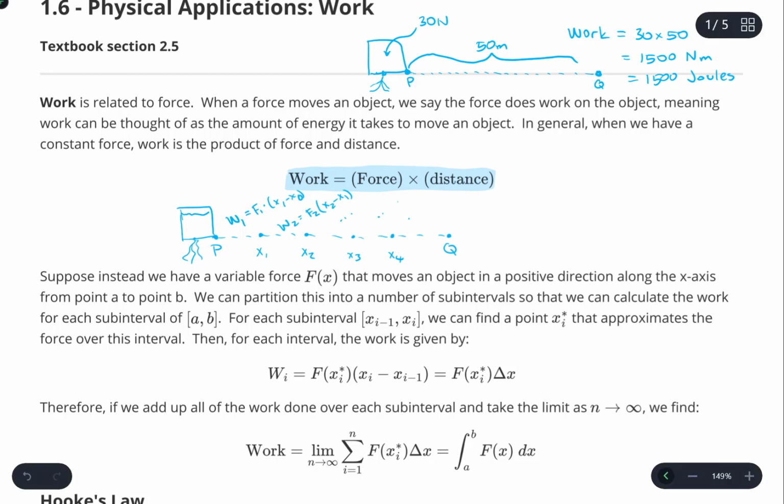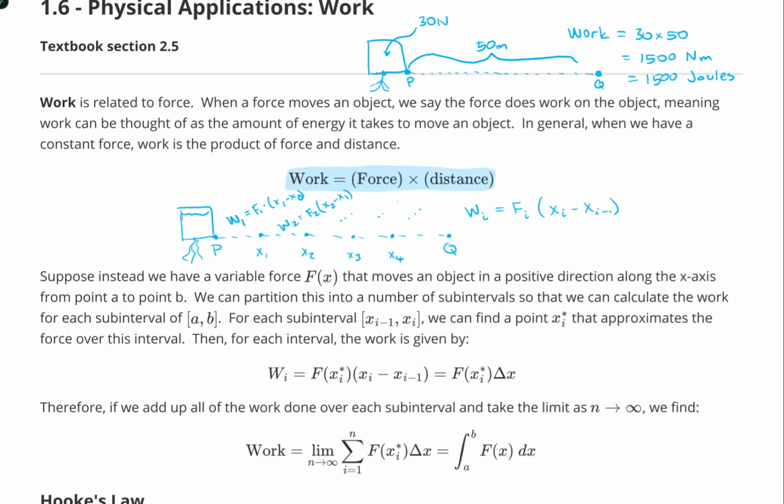And we would continue doing this for all the subintervals, and then we can say effectively the amount of work on the ith subinterval is going to be the force required to push it at that ith subinterval times x sub i minus x sub i minus 1, which is probably starting to get a little bit commonplace at this point.